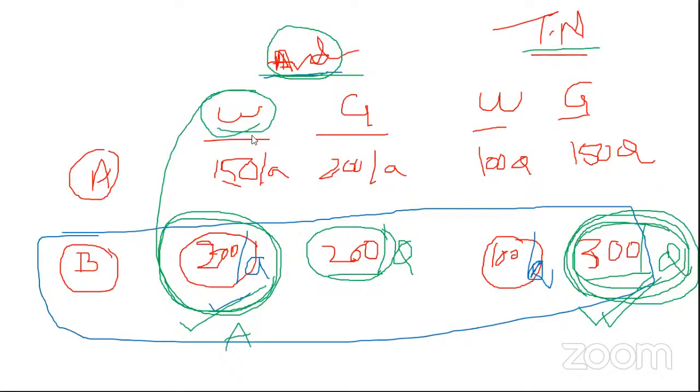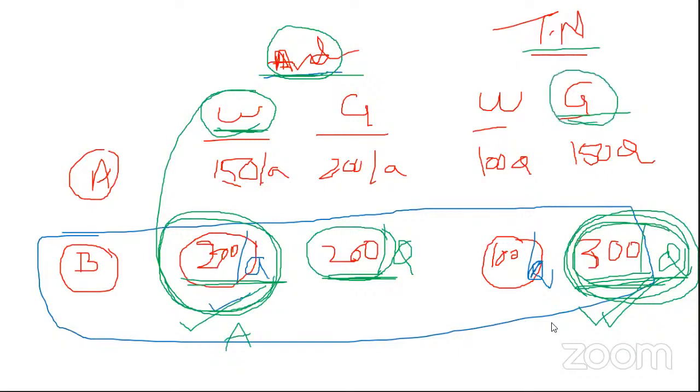For groundnut, the same 1 acre of land gives an output of just 200 units in Andhra, but 300 units in Tamil Nadu. So Tamil Nadu enjoys absolute advantage in groundnut production.